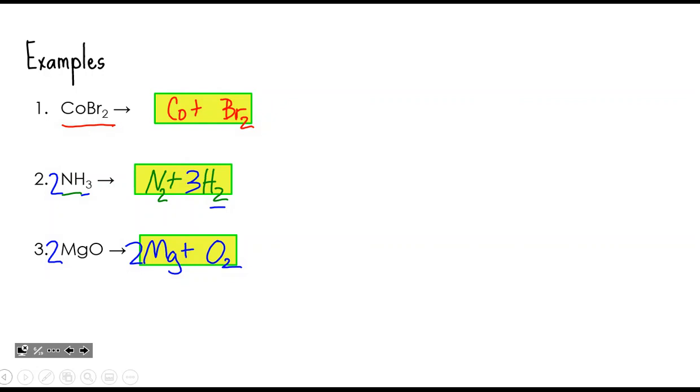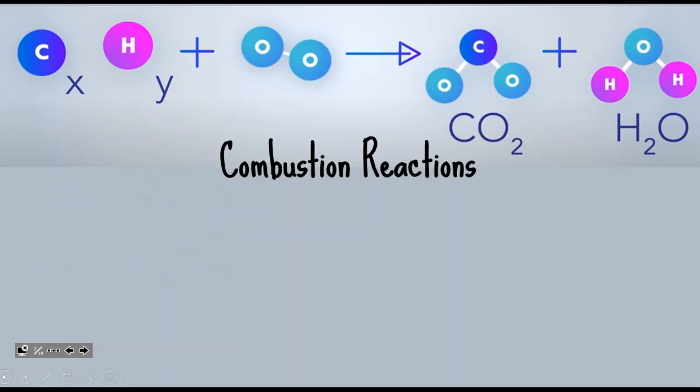All right, now for combustion reactions. Combustion reactions, remember, we're talking about organic compounds like CH compounds with O2 producing carbon dioxide and water.